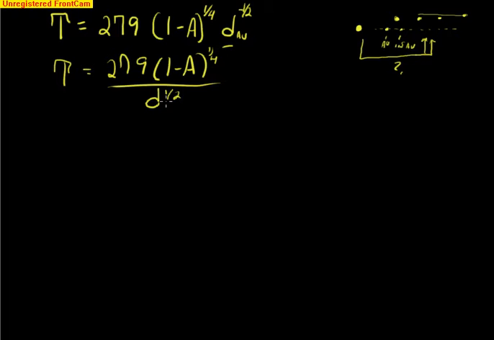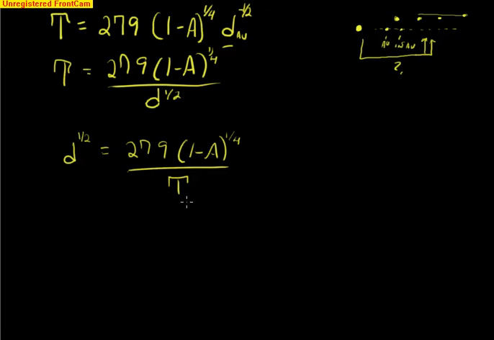Okay, now we can multiply by square root of d and divide by the temperature, basically just switching these out. So our distance squared is going to be equal to 279, 1 minus albedo to the 1/4 power over our temperature. And what temperature is this? This is the sublimation temperature. That was 200 Kelvin.